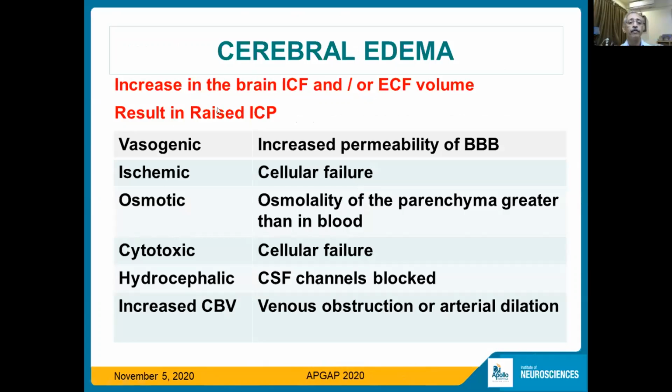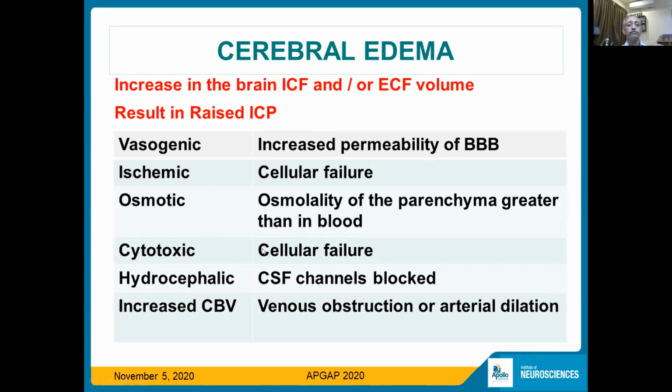The various types of edema: vasogenic, which we see in head injury patients; ischemic, which results in cellular failure because of ischemia from hypotension or stroke. In osmotic edema, as I just told you, osmolality affects the movement of water molecules from the intravascular to the extravascular, interstitial compartment, causing more edema.